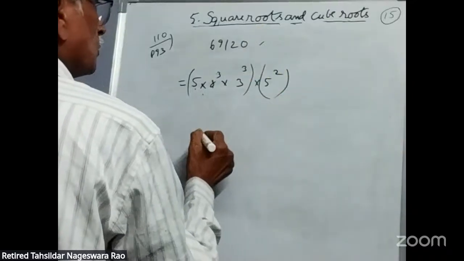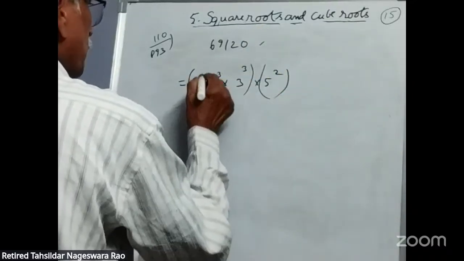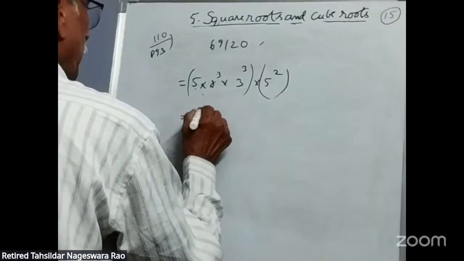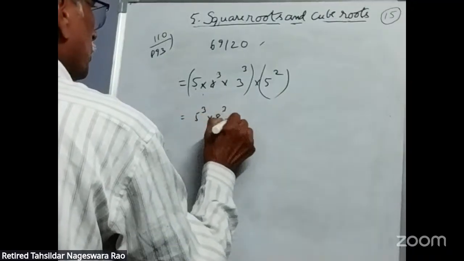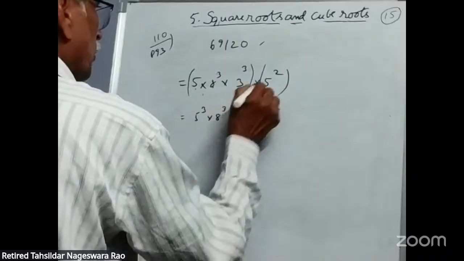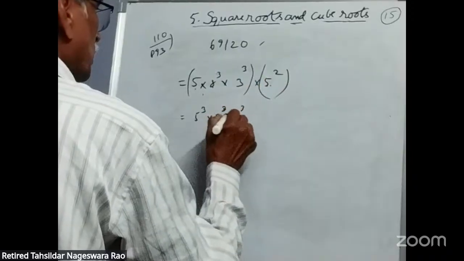So this becomes 5 cube, 8 cube. They are asking what should be multiplied.